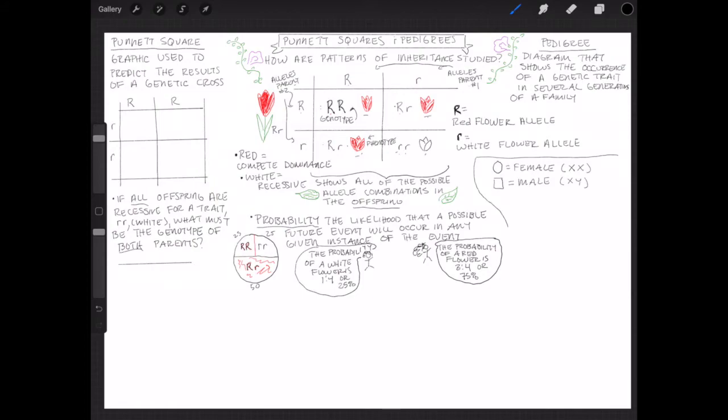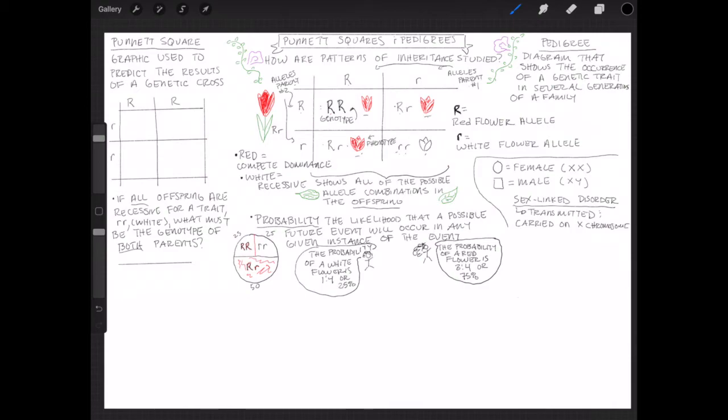When we talk about sex-linked disorders, those are disorders that are transmitted and carried on the X chromosome. Sorry, I can't read my own writing sometimes.